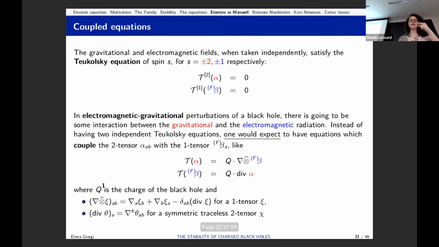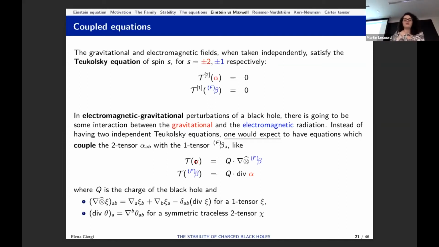But if we're looking at the coupled system, what we should expect is to have some Teukolsky equation for alpha sourced by this beta f, and some Teukolsky equation for beta f sourced by alpha. Now, why didn't I just put beta f and alpha on the right hand side? Well, because these are two different objects. Alpha is a 2 tensor, and this beta f is a 1 tensor.